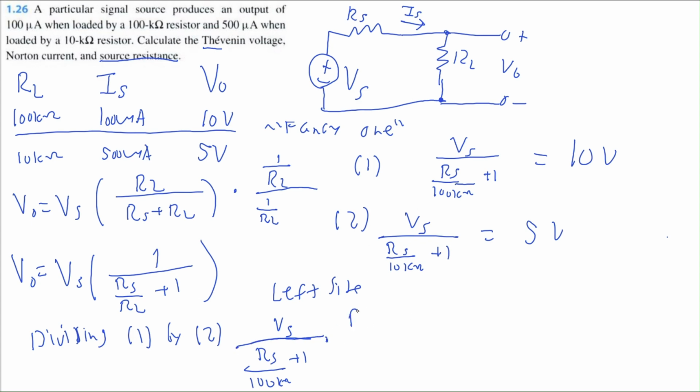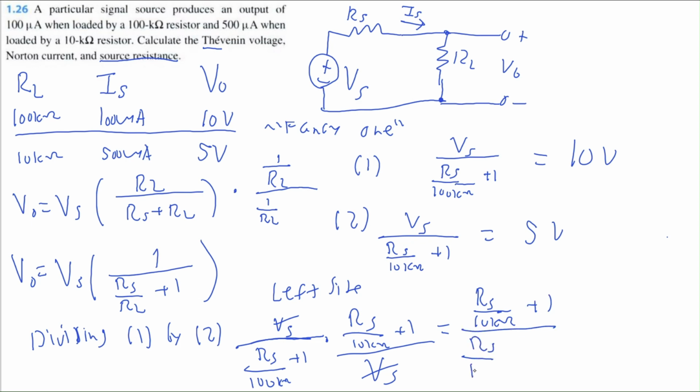So that would be multiplied by RS divided by 10 kiloohms plus 1 divided by VS. So these VS terms get canceled out, and we're just left with RS divided by 10 kiloohms plus 1 divided by RS divided by 100 kiloohms plus 1. So that's the left side of the equation. And then the right side is just 10 divided by 5 equals 2. Okay, now I have one equation with one variable. Let me clean some of this up, and then we'll solve for RS.